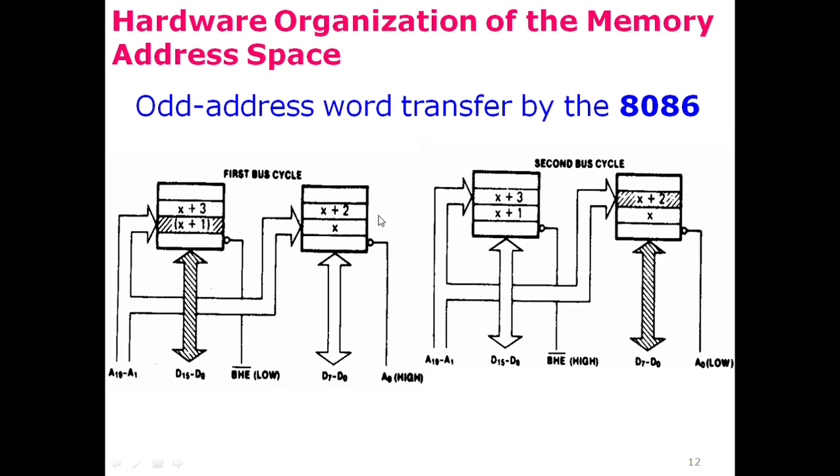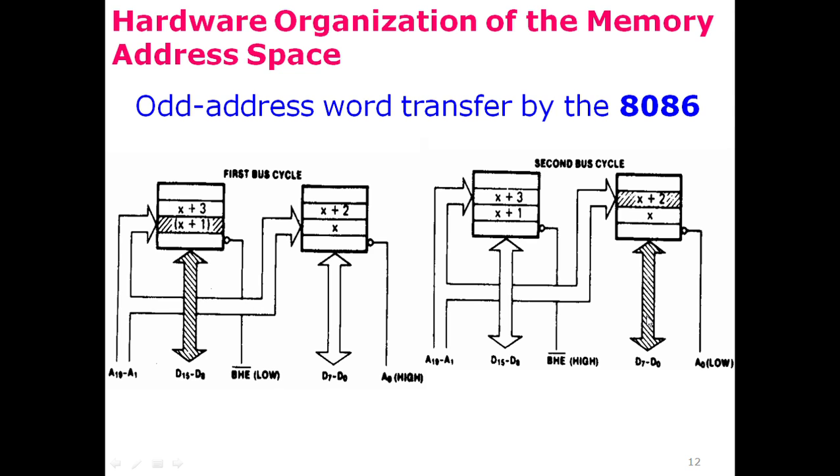In the next bus cycle, the 19-bit address is incremented, so the address will now point to the next higher locations in both of these banks, but only the low bank is enabled this time in the second bus cycle. So A0 is low, so this would select the low bank, while the high bank in this example is not selected because the bank high enable is 0, so this bank is not enabled.